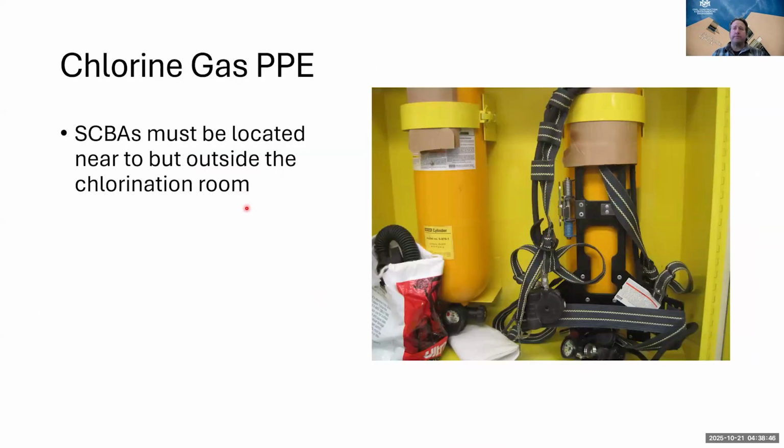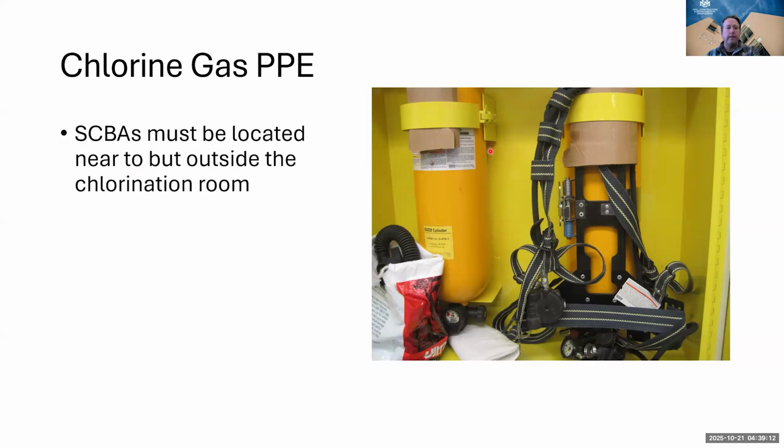So, chlorine gas personal protective equipment. This is an example of a self-contained breathing apparatus. It's very similar to what firefighters use, very similar to scuba underwater breathing apparatus, but it's not intended for use underwater. It needs to be located near but outside of the chlorine room. You really don't want to have to go in the chlorine room to get your PPE if there's a leak.